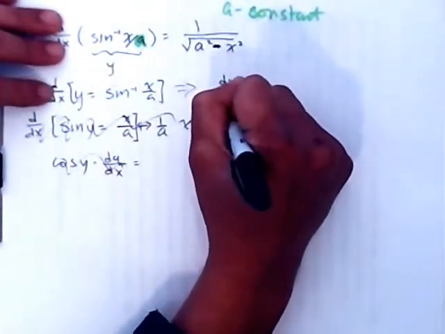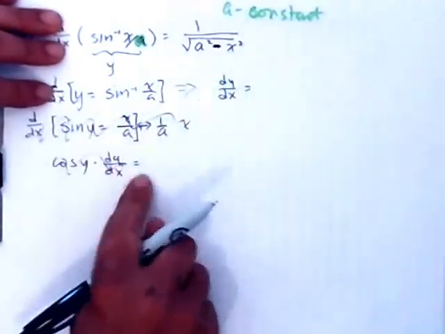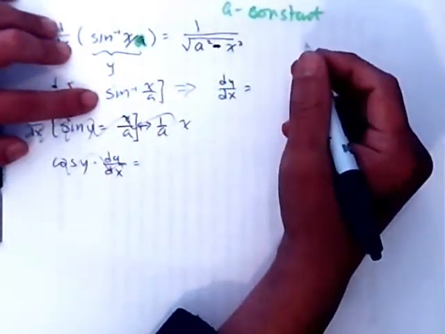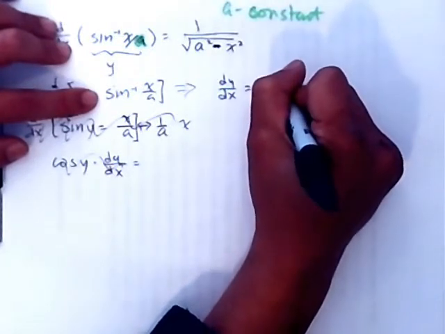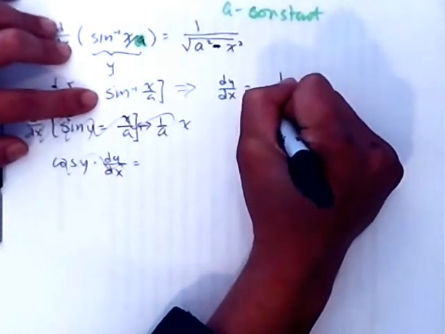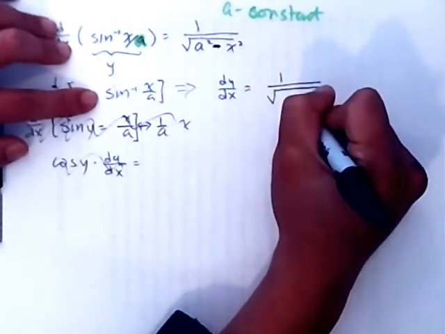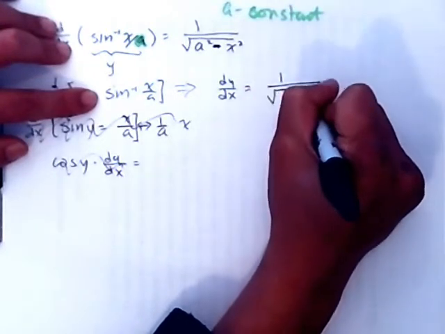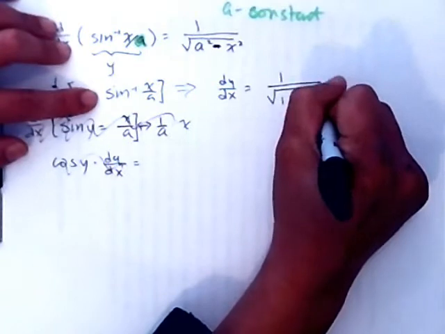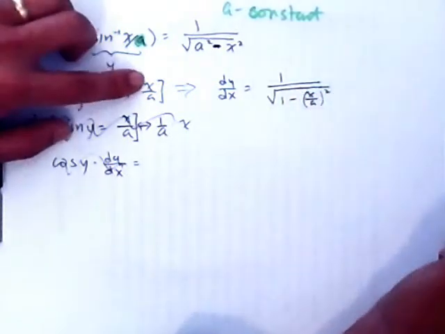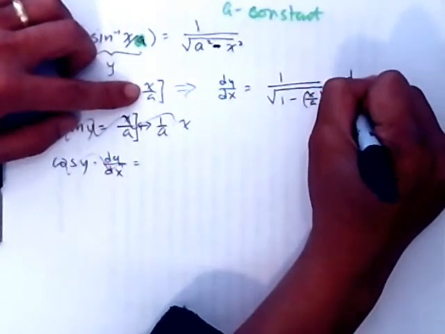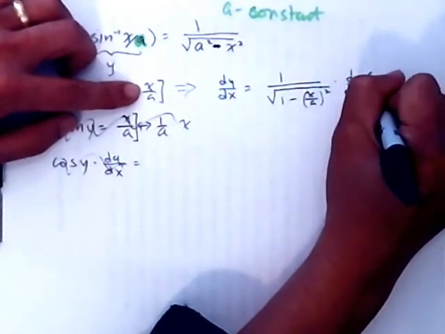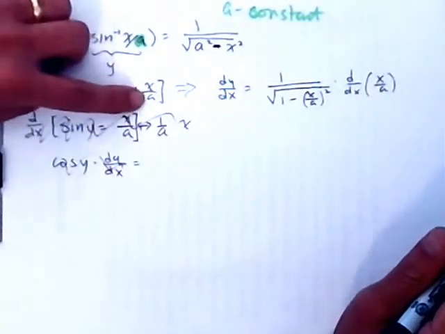dy over dx is equal to, it's a little bit easier, per se, maybe. The derivative of sine inverse is 1 over square root of 1 minus x over a, quantity squared, because that's our variable, times the derivative with respect to x of x over a. That's the chain rule portion.